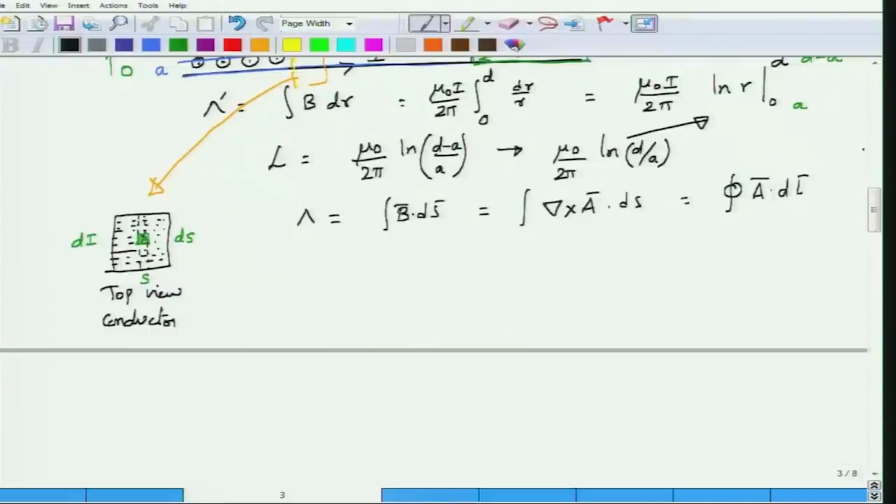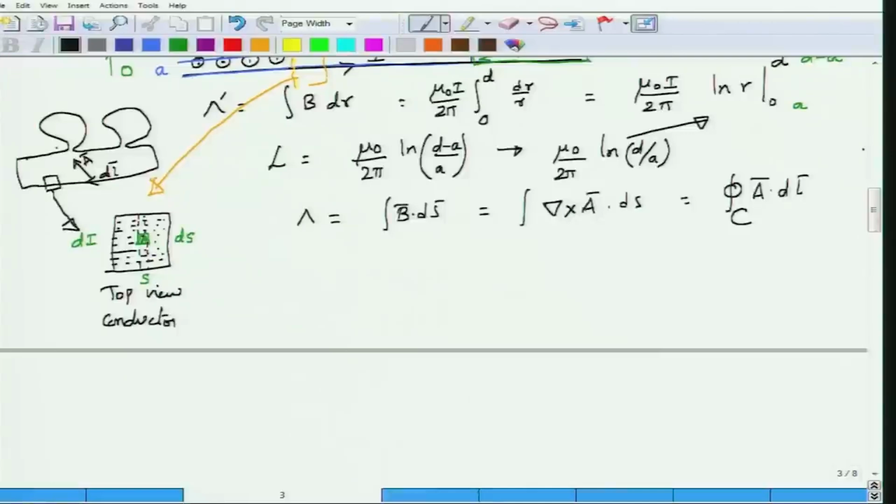But where is this A dot dl getting integrated? It is getting integrated over the entire circuit. If I have a circuit with a very small segment here, call this dl, there will be a magnetic vector potential A, and this is the filament that I have considered and expanded over here.